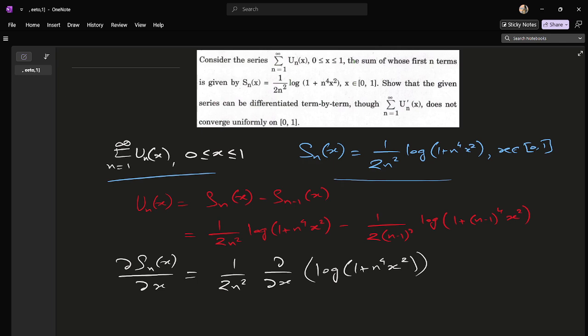We are using the chain rule here for the partial differentiation with respect to x.